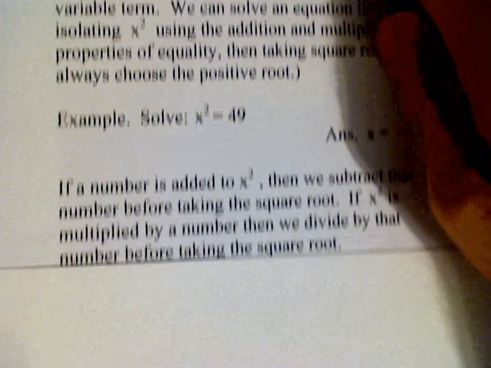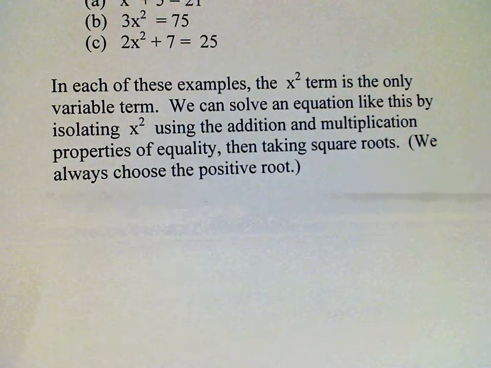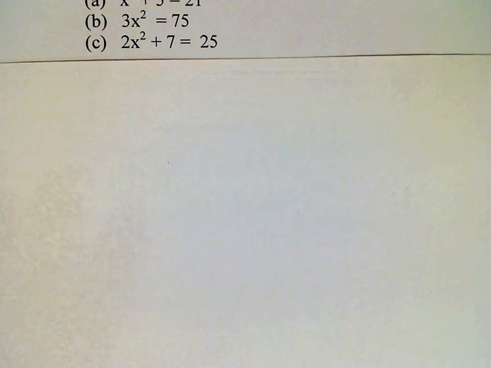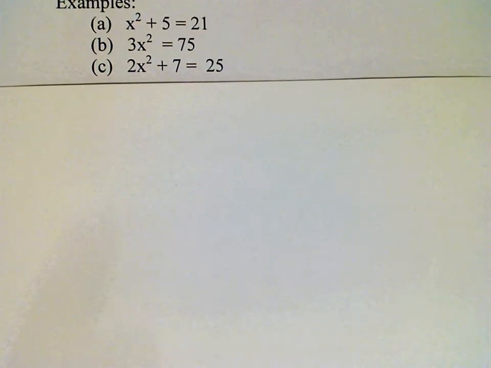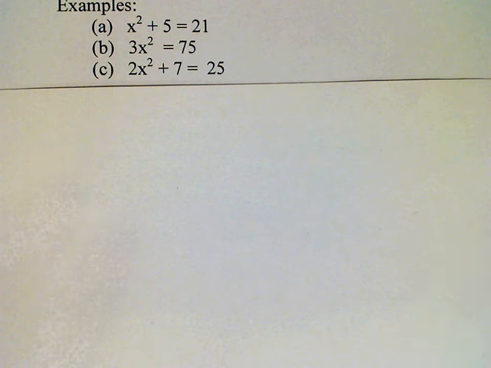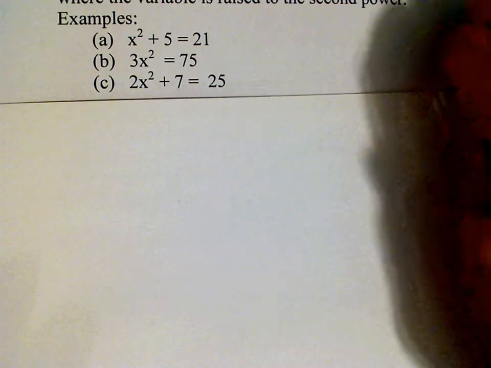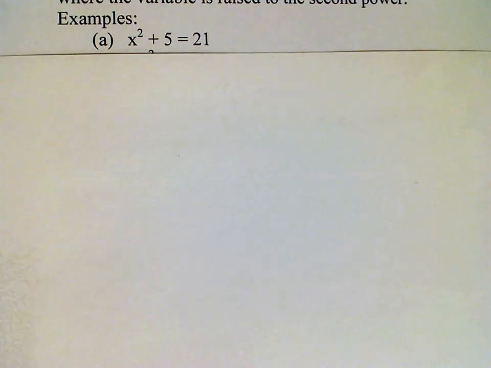So going back to our examples that we started with, in example A we have x squared plus 5 is equal to 21.